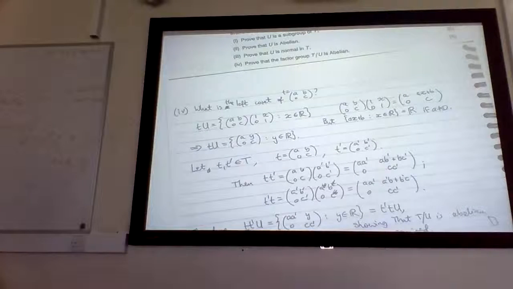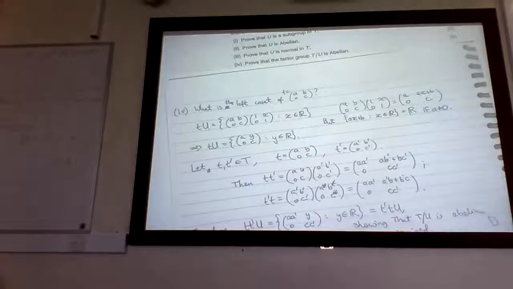Now, to prove that, first of all, you've got to get a clear view of what abelian means. A group G is abelian means for every x and y in G, xy equals yx. Okay? That's the general definition of abelian.